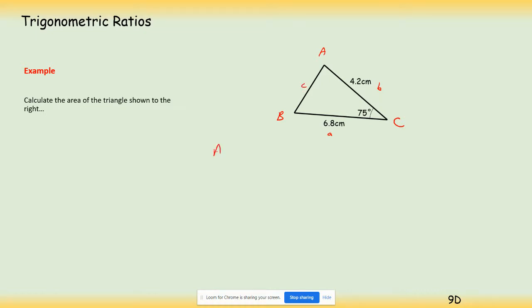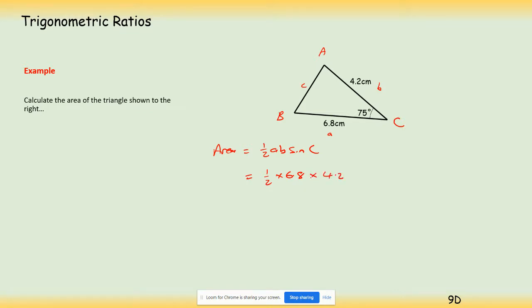Now the area of a triangle we've now determined is half AB sine of C. So all I need to do now is substitute. So 1 over 2, A is 6.8 times B, which is 4.2.